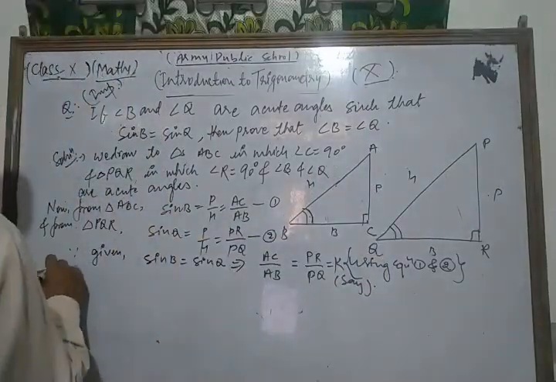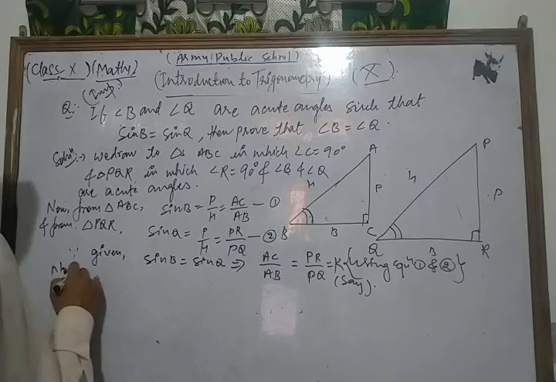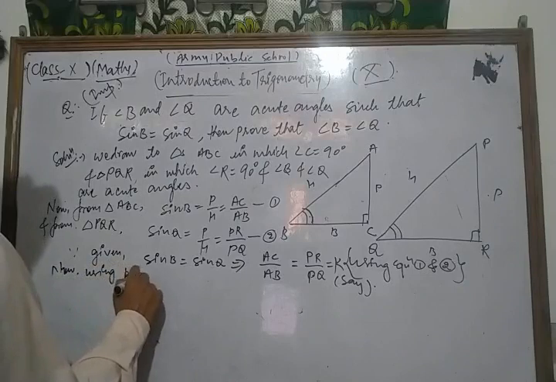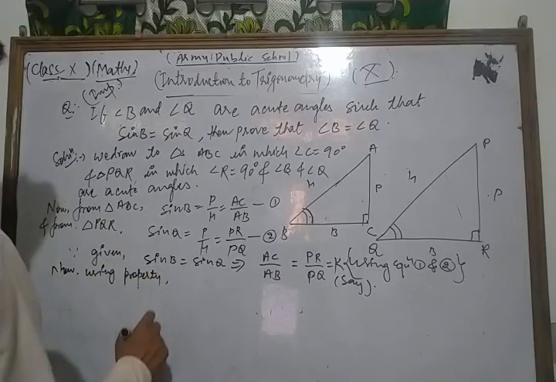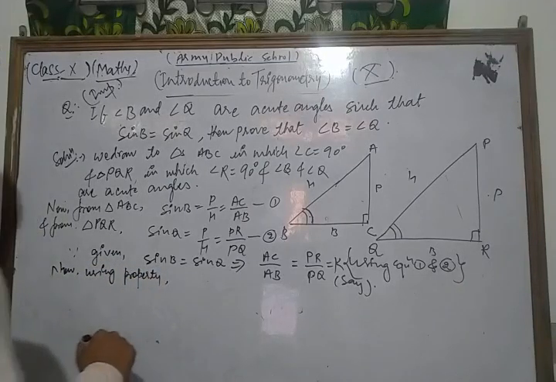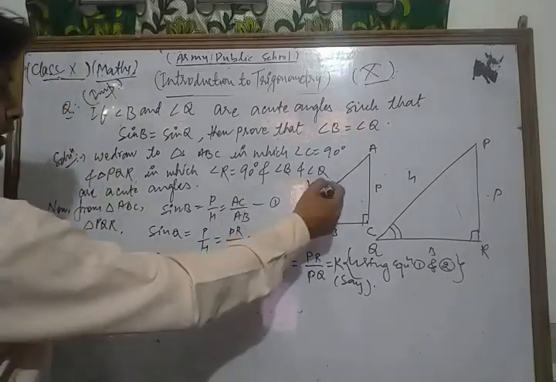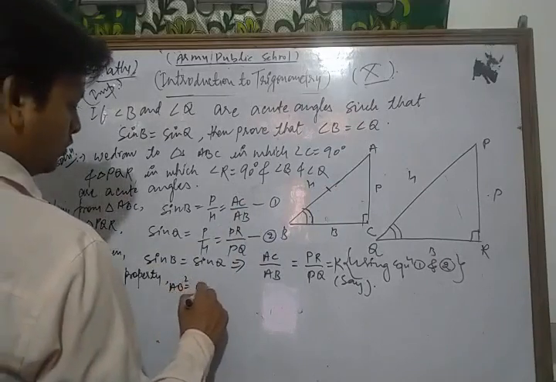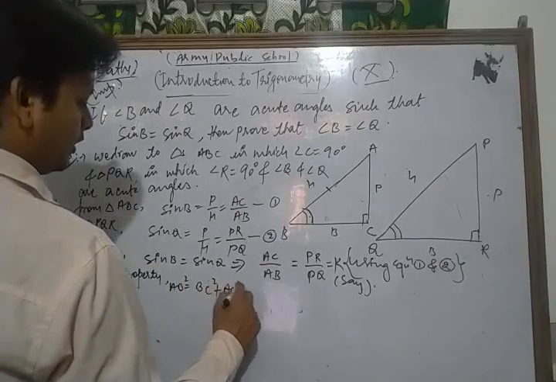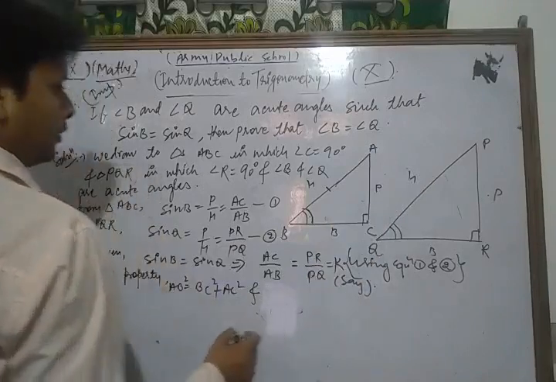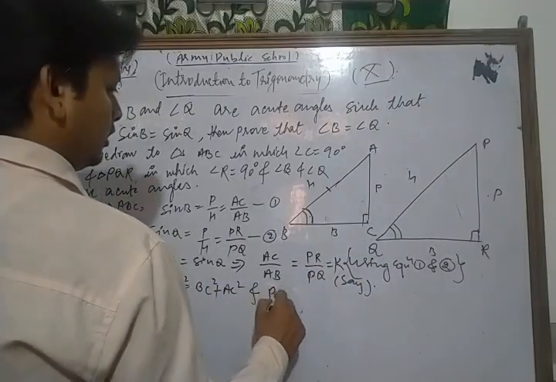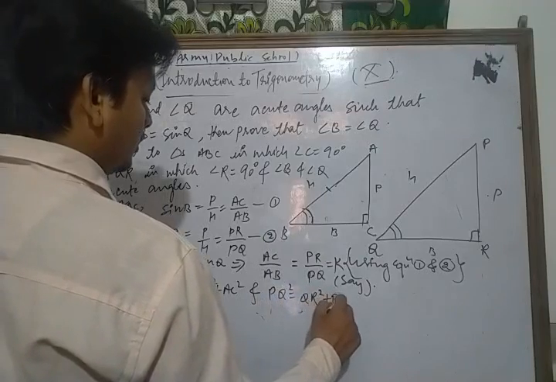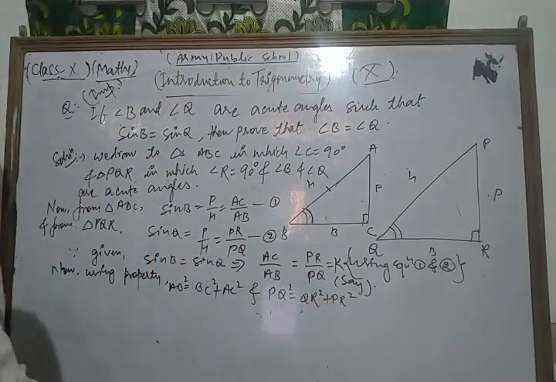Now using the property, AB square is equal to, this is your hypotenuse, so AB square is equal to BC square plus AC square, and for triangle PQR, PQ square is equal to QR square plus PR square.